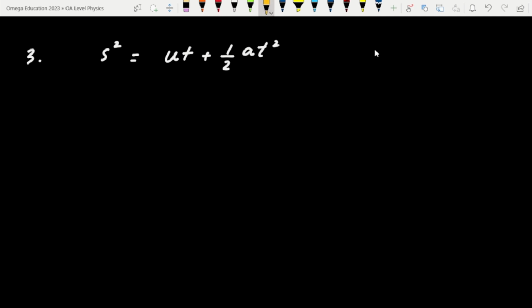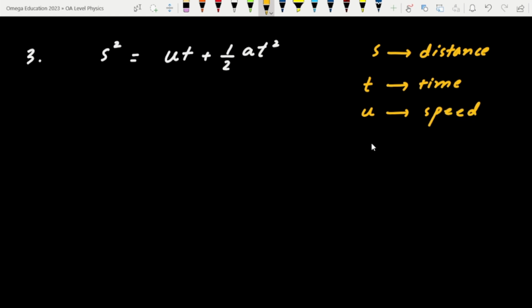For the data they have given you, s is the distance, t is time, u is speed or velocity, a is acceleration.